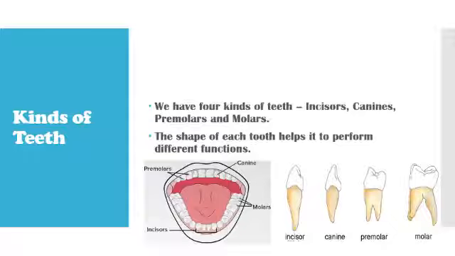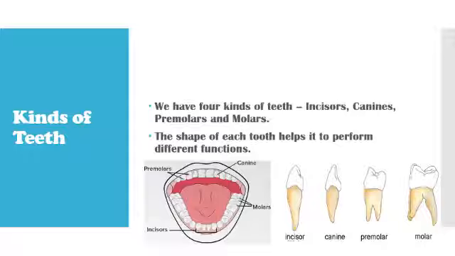On both sides of the incisors, there are sharp and pointed teeth that are used to tear food. These are called canines. Now we have 4 canines, 2 in each jaw.